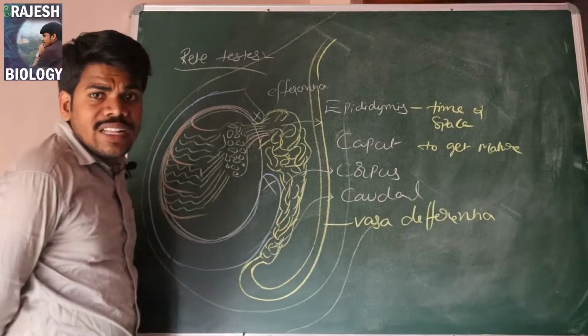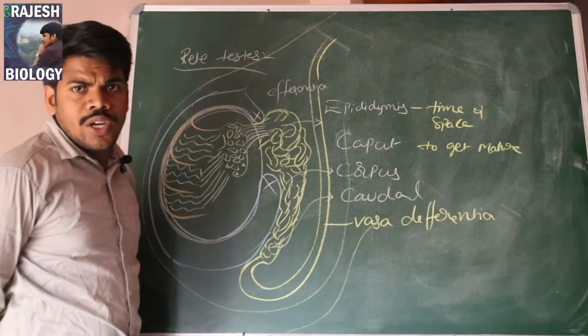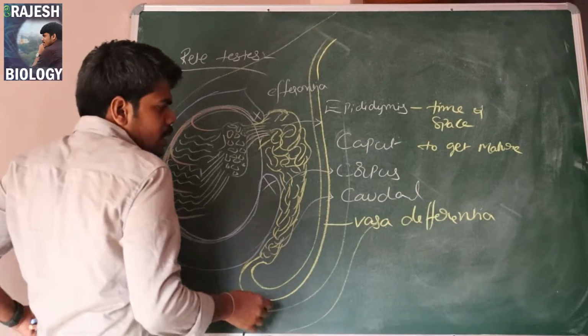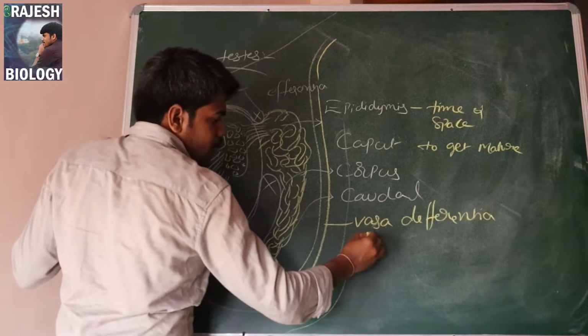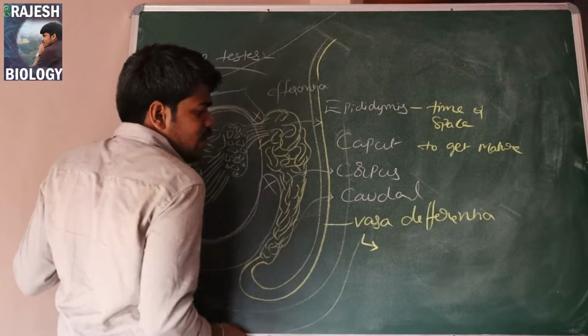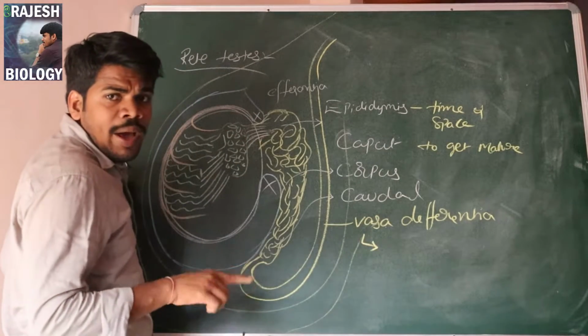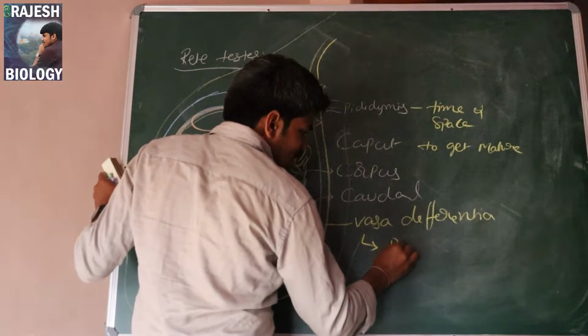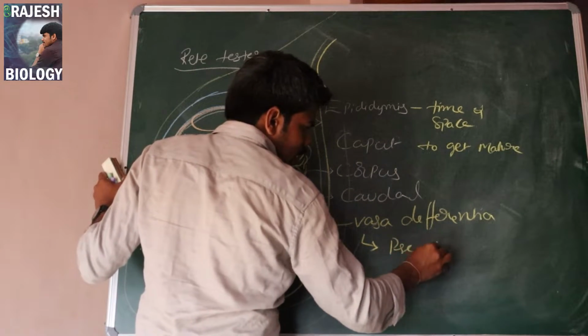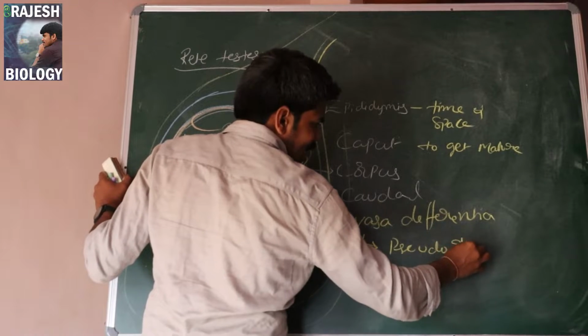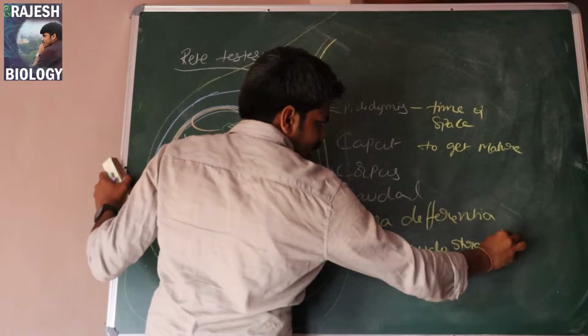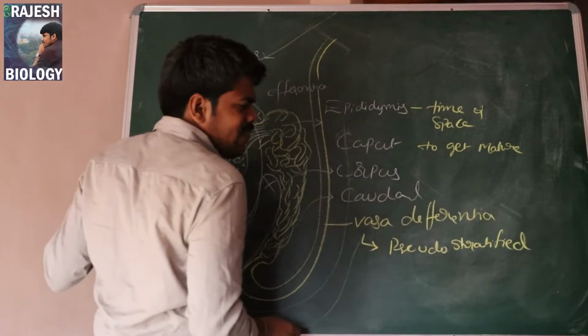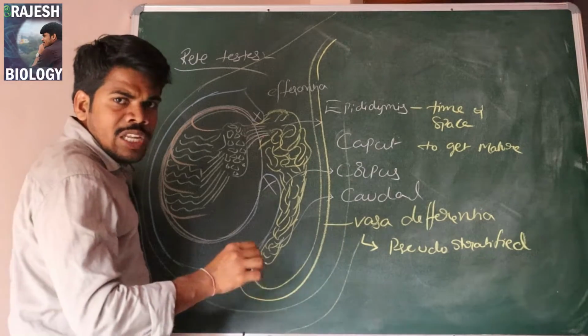Now come to the vas deferens and its function. Vas deferens is internally lined by what? Pseudostratified. Very important. I think we discussed pseudostratified epithelium in epithelial tissues.